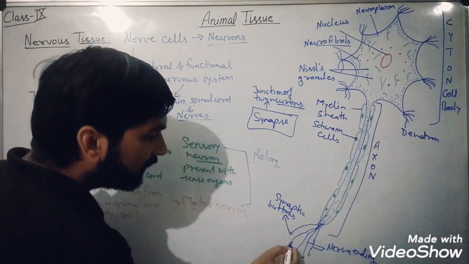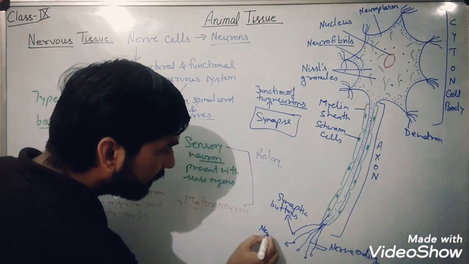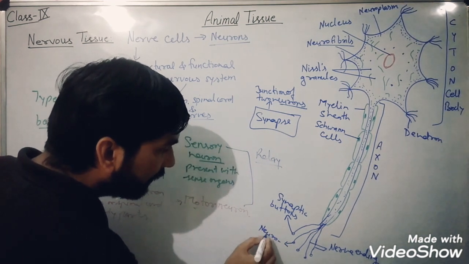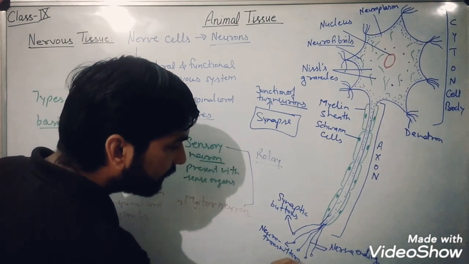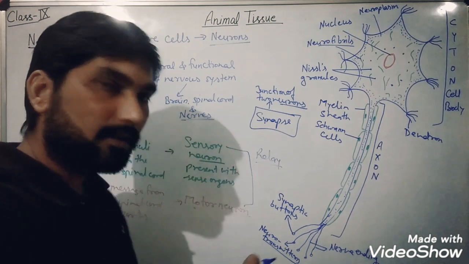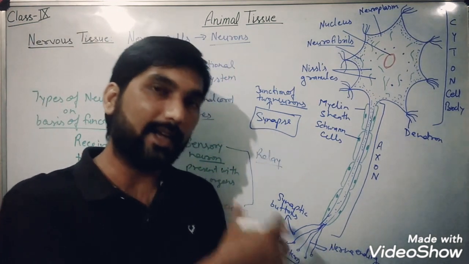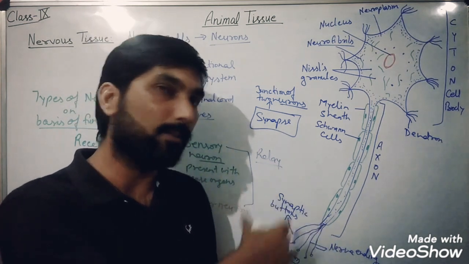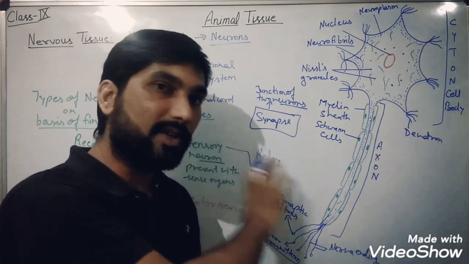These chemicals are known as neurotransmitters, and they are the chemical substances responsible for the conduction of any message in the form of nerve impulses. So this is all about the nervous tissue.